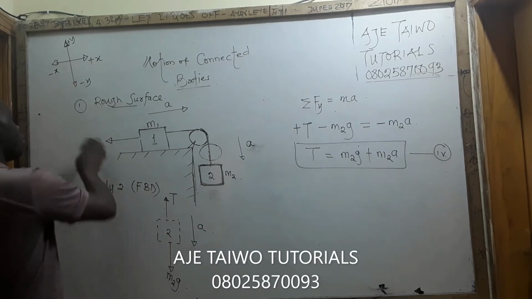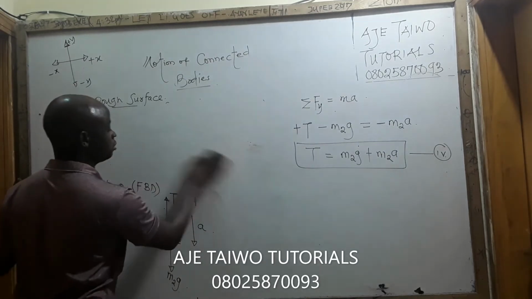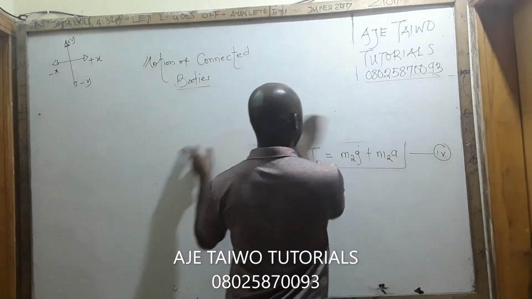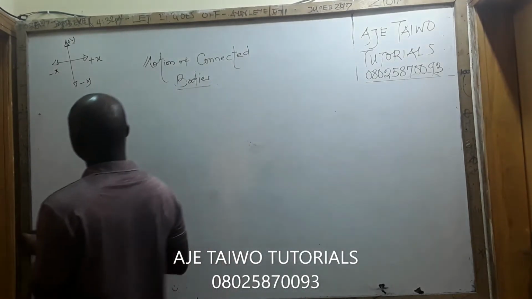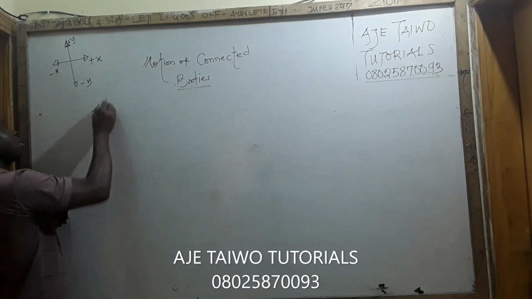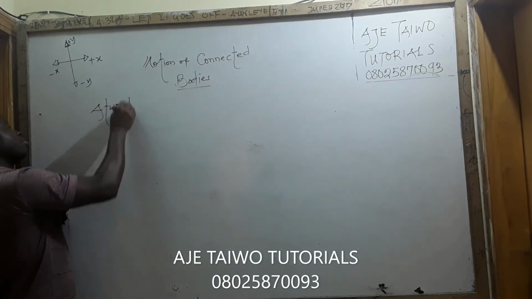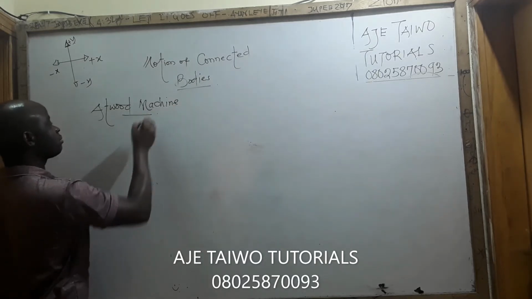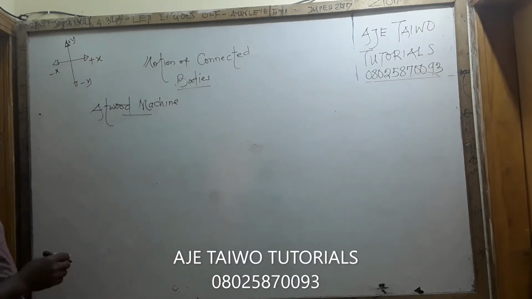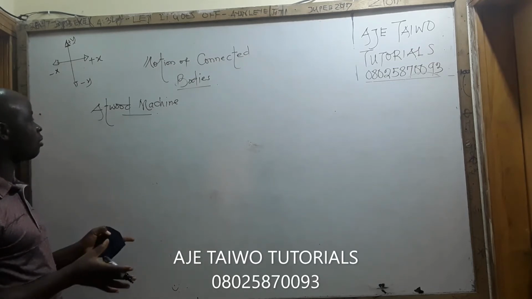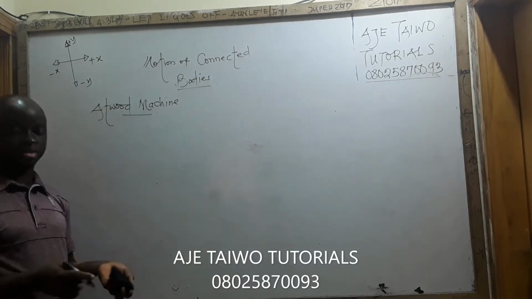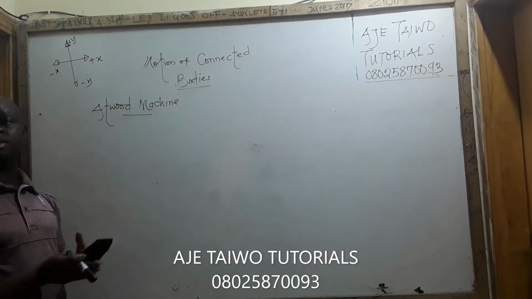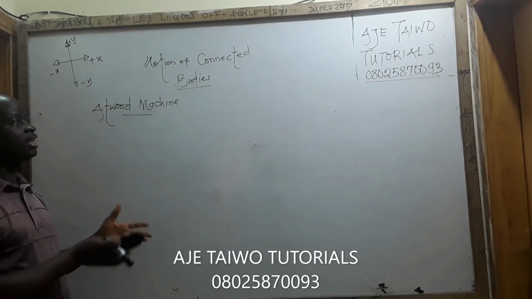Let's see the second connected bodies, and that will be the Atwood machine. The Atwood machine consists of 2 suspended bodies.